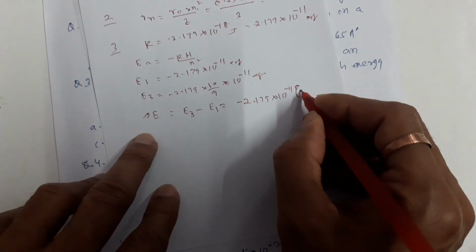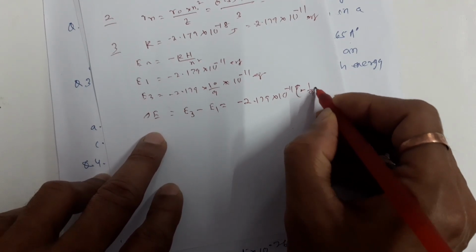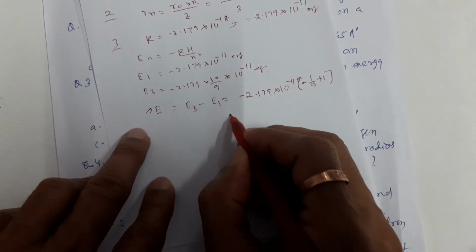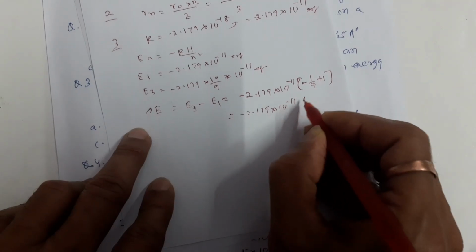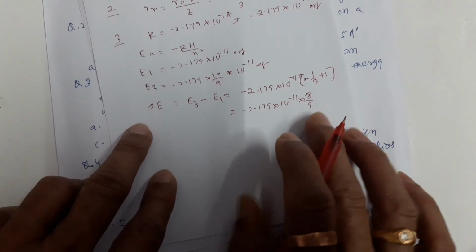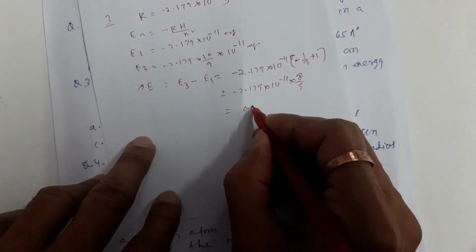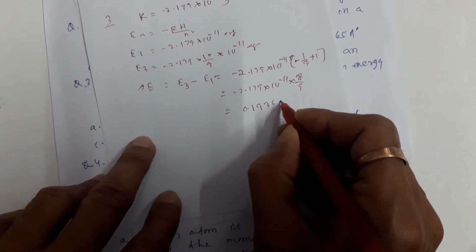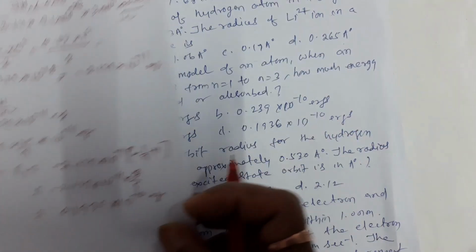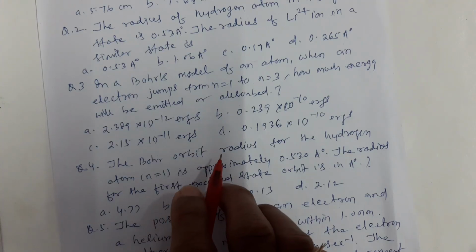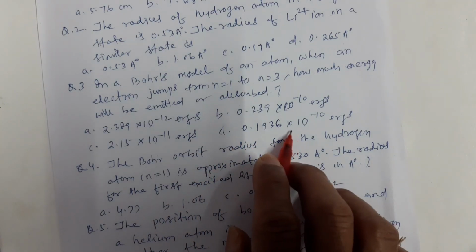So you will get minus 1 by 9 plus 1, that is minus 2.179 multiplied by 10 to the minus 11 multiplied by 8 by 9. So the answer you will get is 1.936 multiplied by 10 to the minus 11 erg. So choice D is the correct answer.